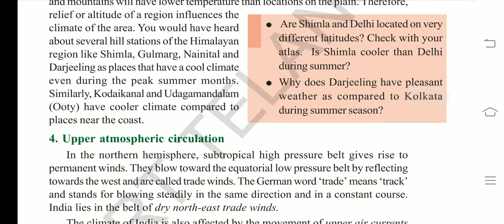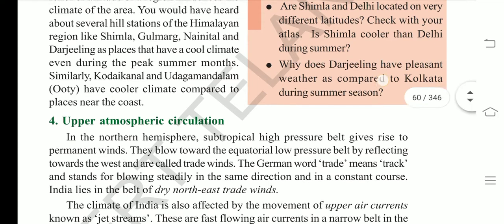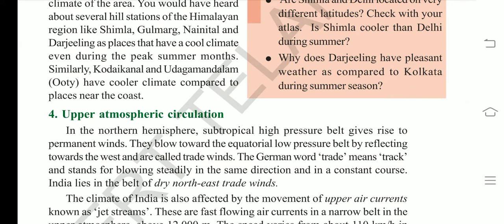It is heated by the earth's radiation, that is what we call terrestrial radiation, my dear students. So when it is heated by the earth's radiation, we see that lower layers of the atmosphere record high temperatures than the upper layers of the atmosphere.